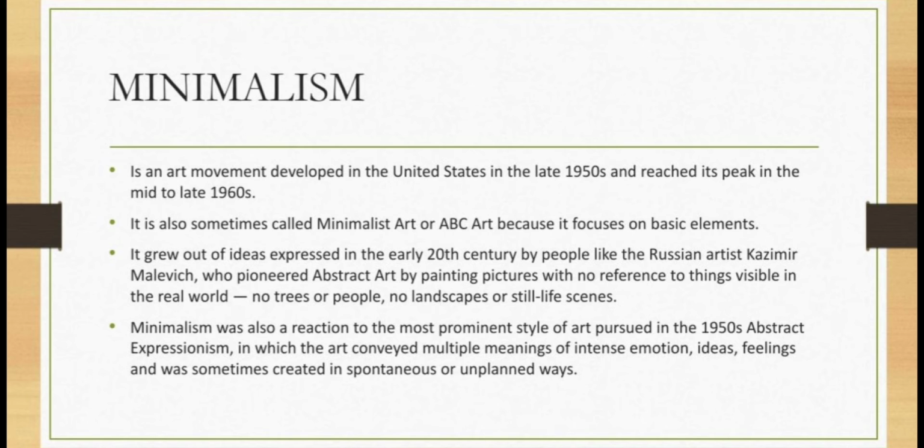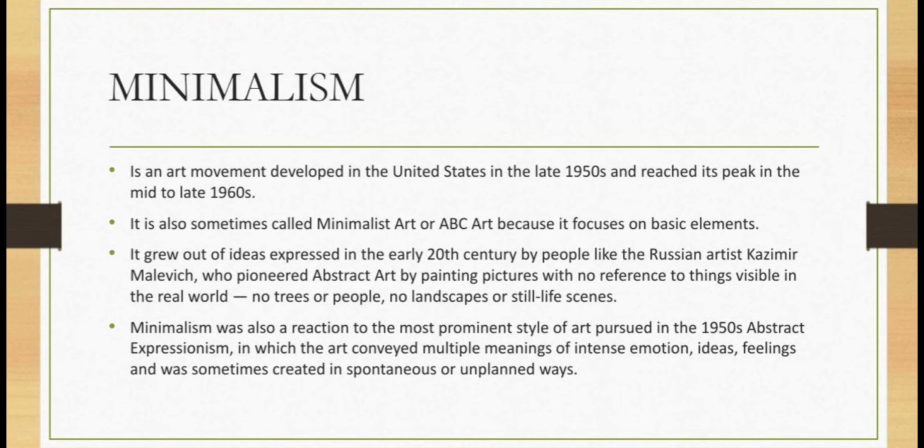So basically, minimalism is a form of abstract art that focuses on basic elements such as lines, shapes, and color. Minimalism was also a reaction to the most prominent style of art pursued in the 1950s, abstract expressionism, in which the art conveyed multiple meanings of intense emotion, ideas, feelings, and was sometimes created in spontaneous or unplanned ways.